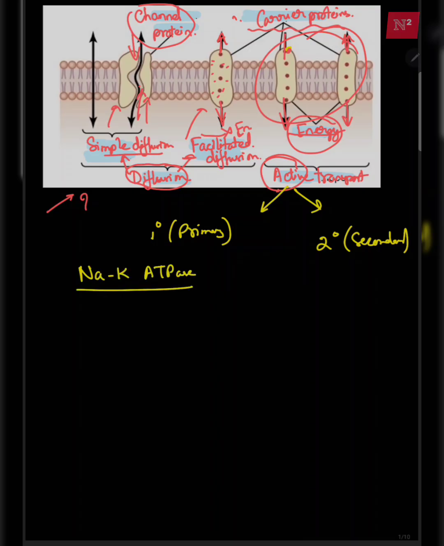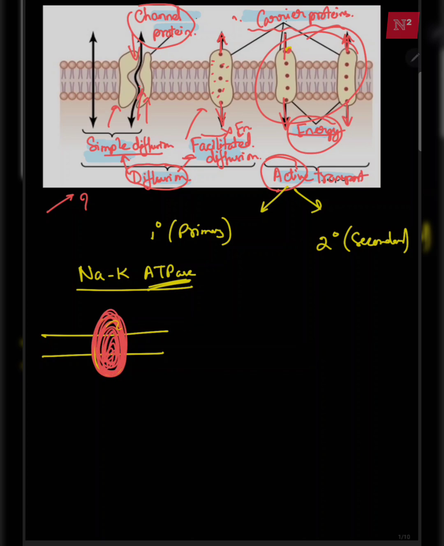In any pump, if it is written ATPase pump, those pumps are primary active transport mechanism pumps. So supposedly this is a carrier protein called the sodium potassium ATPase pump.